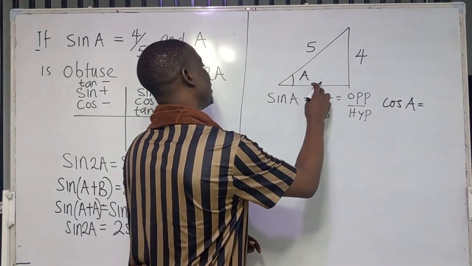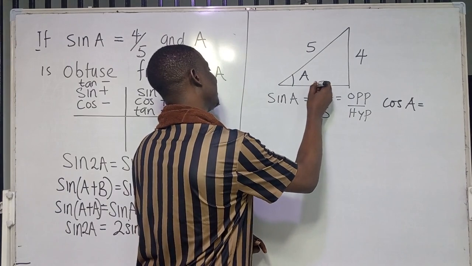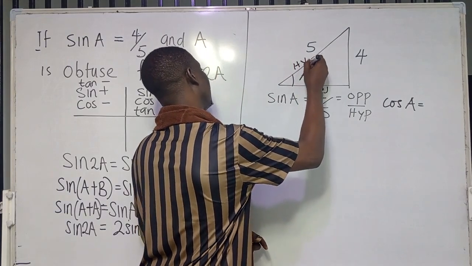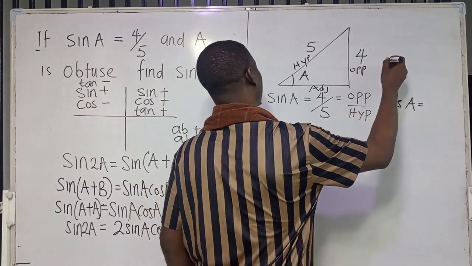The adjacent, you can find. How do you find this adjacent, given the hypotenuse and the opposite?